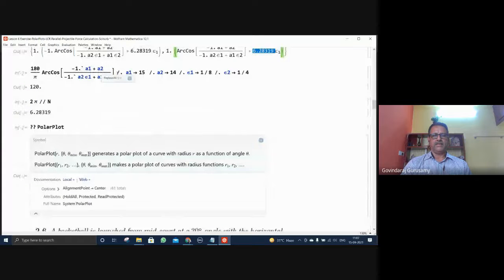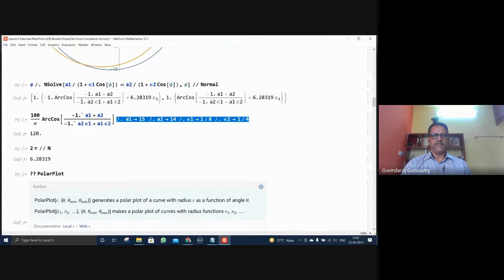I'm putting them as a rule and substituting into this arc cos. I copied and pasted it here. I have taken the positive root, you can take the negative root also, it doesn't matter. And then this has been converted into degrees instead of radians.